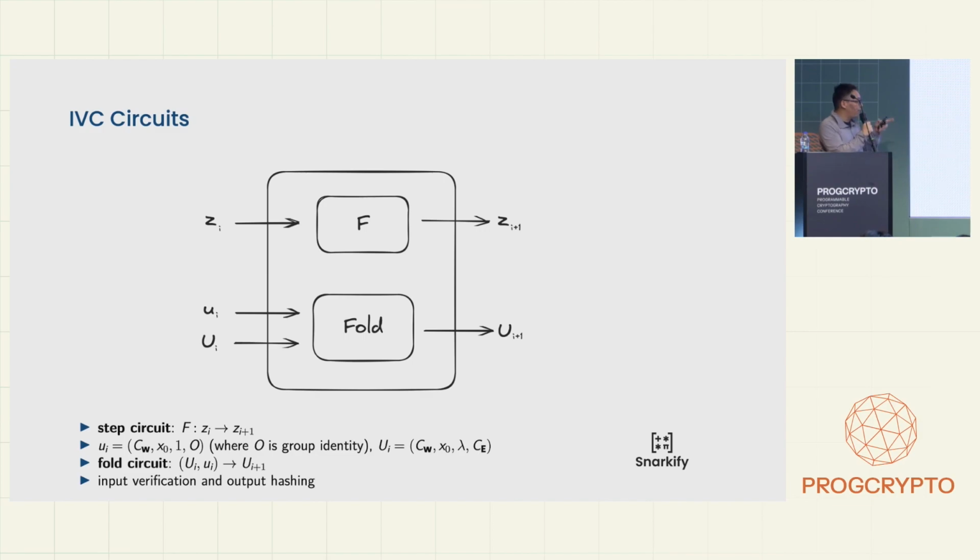So at this second component, you fold the previous step's u_i into the capital U_i to get an updated accumulator. And as you can imagine, after the accumulation, the capital U_{i+1} captures all of the information from previous steps. So these are the two major components of the IVC circuit.